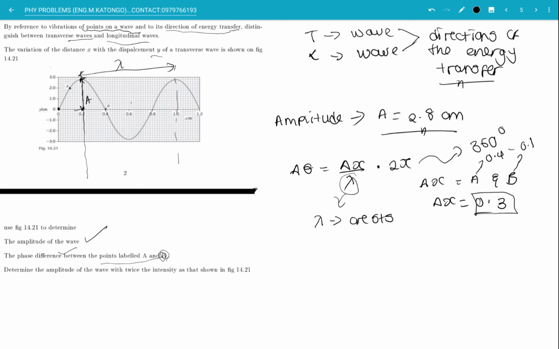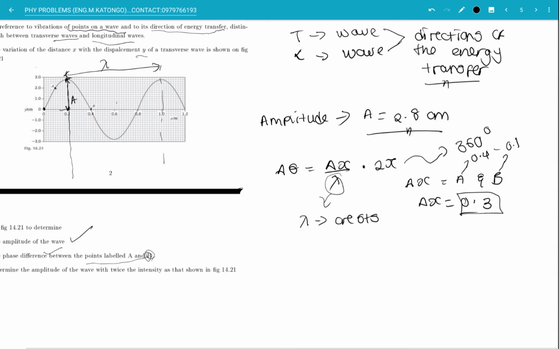Hence, our lambda there will be equal to 0.8, or we can begin from this point of the wave to that point of the wave, and we obtain our lambda as 0.8.